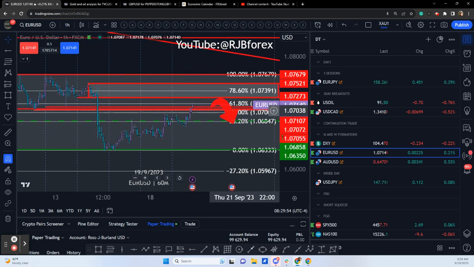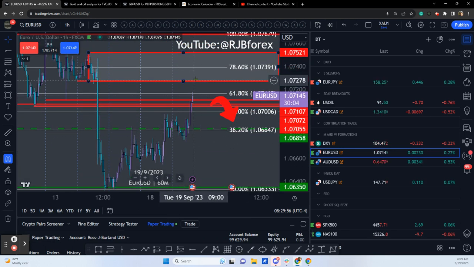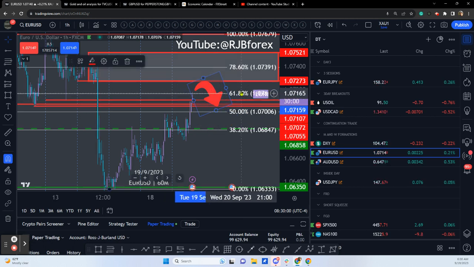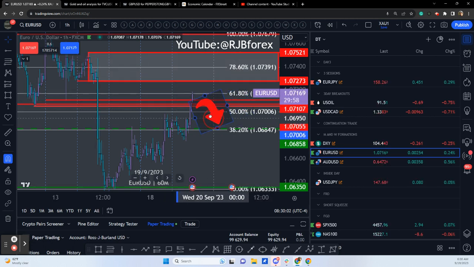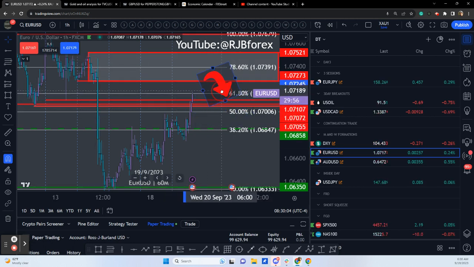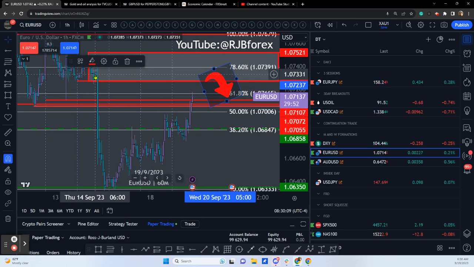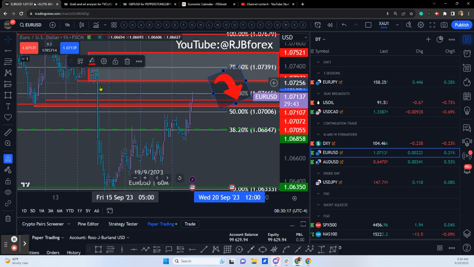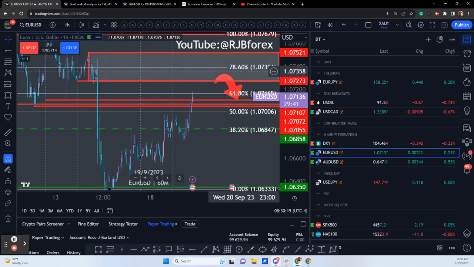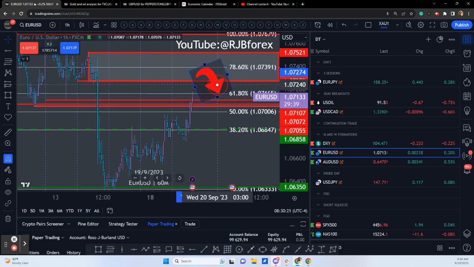So we've got a rally here that's going to be met with resistance at some point, whether it's here because it's met the 61.8, or if not, then I'd expect to find much stronger resistance slightly higher up in the 20s and potentially as high up as the 78.6. But at some point, we're going to see a correction.